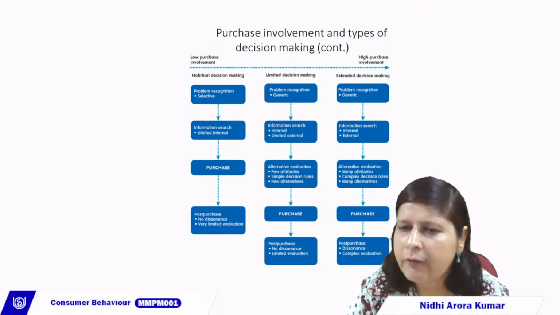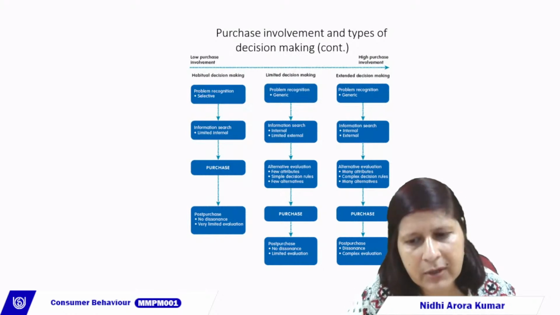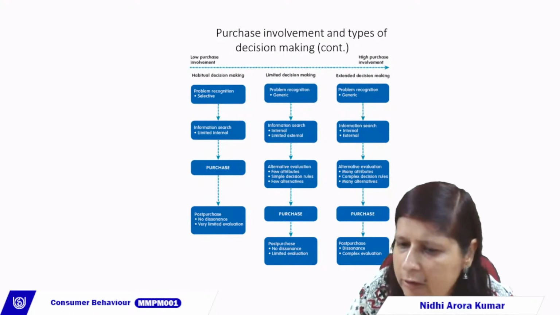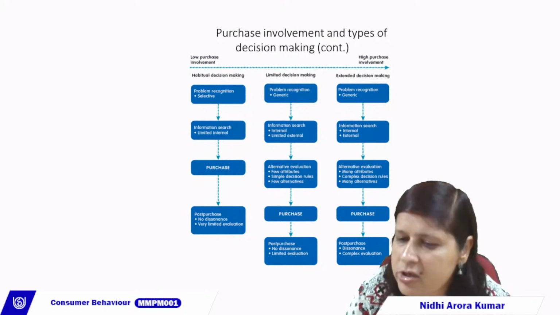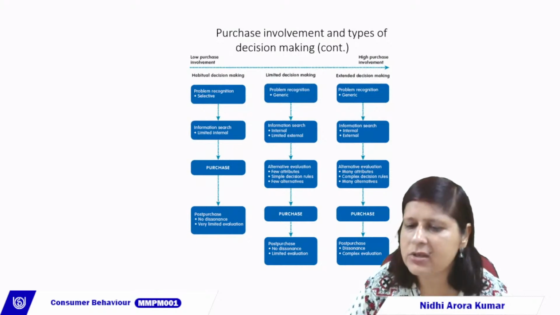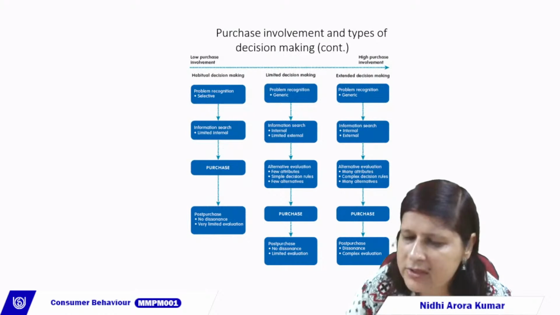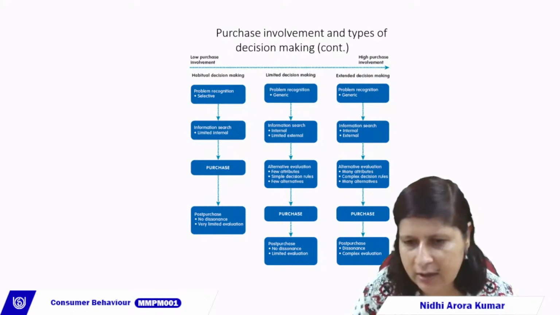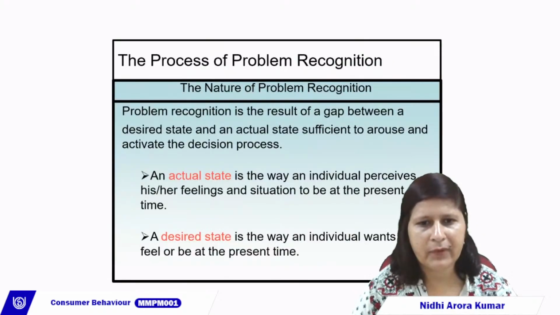Information search from the external sources as well as from the internal sources. Alternative evaluation will be on the many attributes, right? Complex decision rules will be applied to take a decision, with many alternatives. Then there will be purchase and the post purchase dissonance, and the complex evaluation will be there, right?